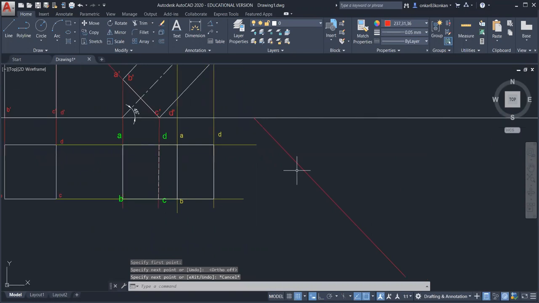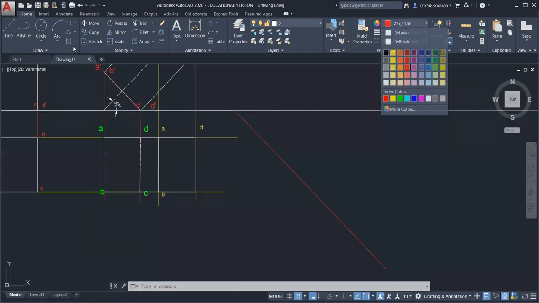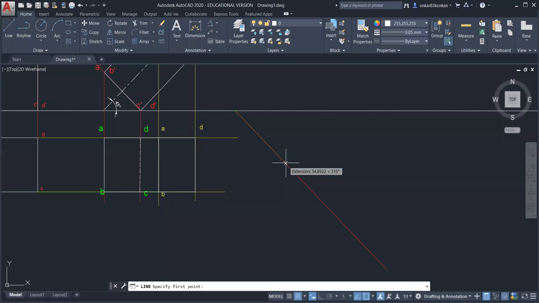Take some distance with respect to this point and then draw this view as it is. When you draw this view on this line, just take care that this line CD will not cross this XY line.